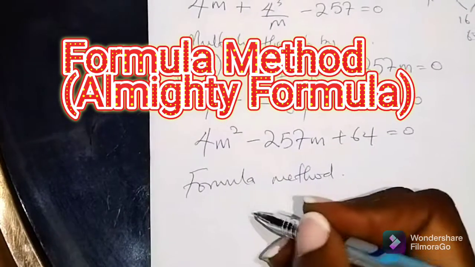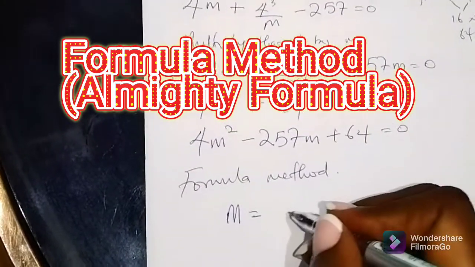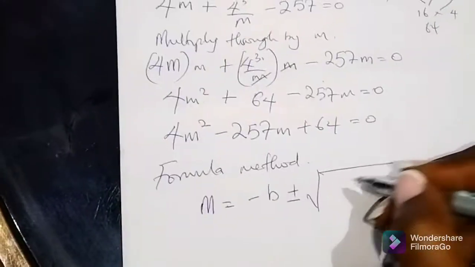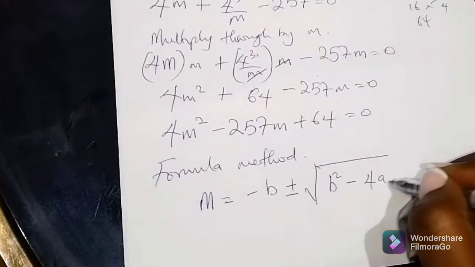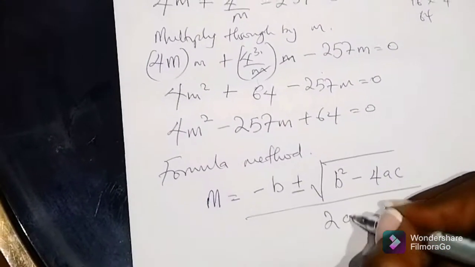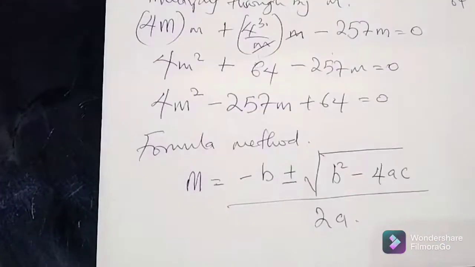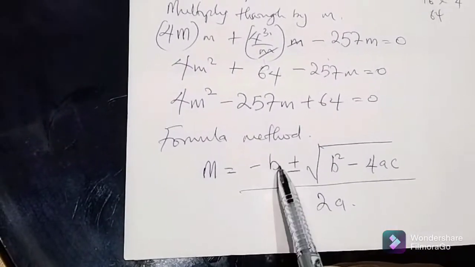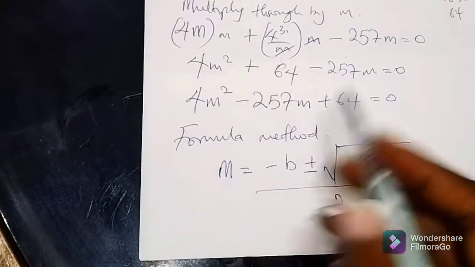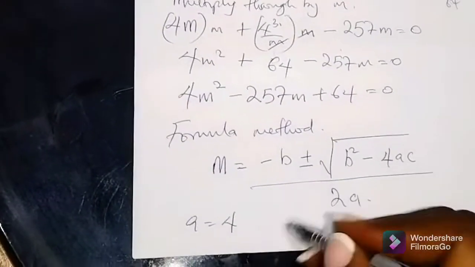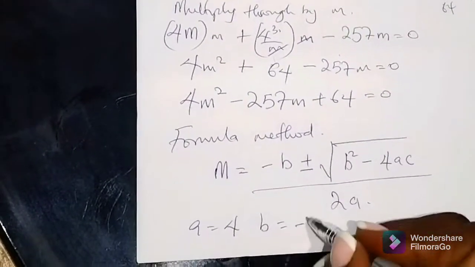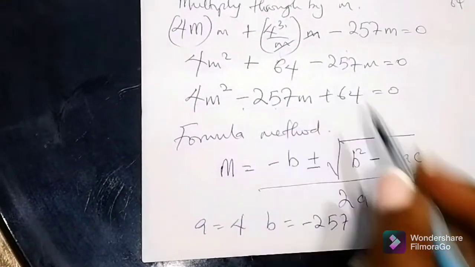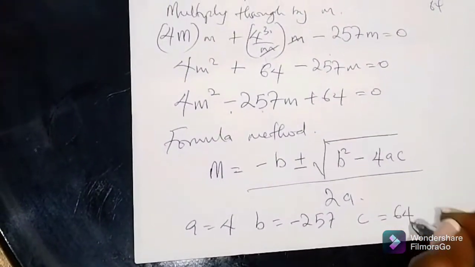The formula is m equals minus b plus or minus the square root of b squared minus 4ac, all over 2a. From this equation, a is 4, b is minus 257 (remember to collect the sign in front of every number), and c is 64.